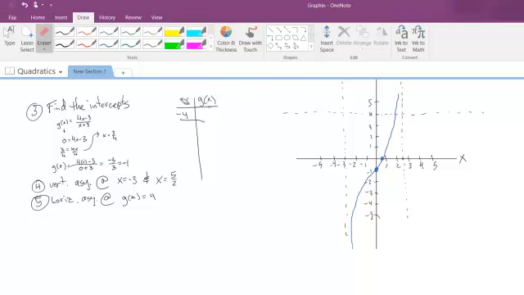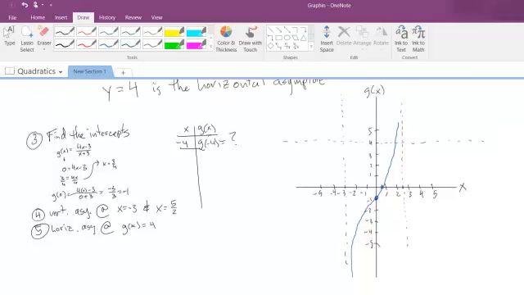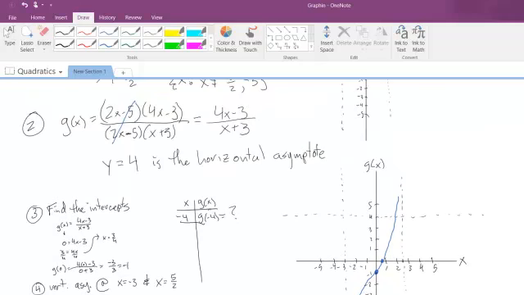For x equals -4, are we up in this area? Are we going to do one of these, or are we going to do one of these? That is determined by plugging it in. In other words, g of -4 is equal to what?